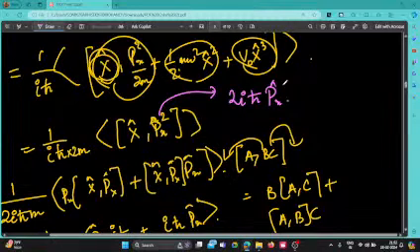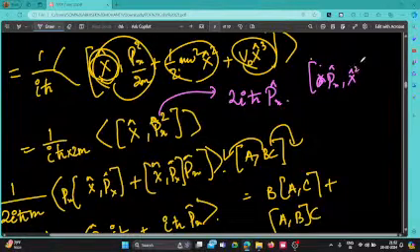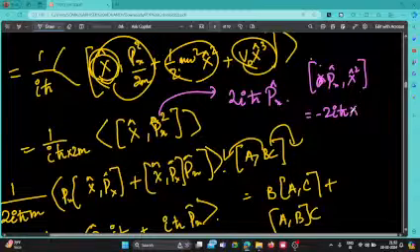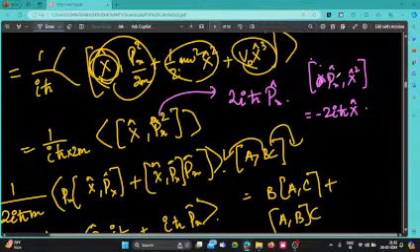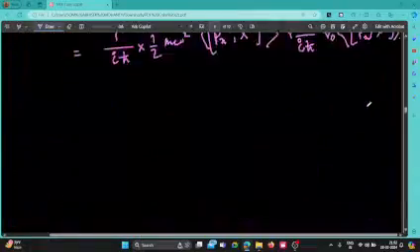So can you guess from here what will be your [Px, x squared], the one we need here? It will be minus 2iħ x if you calculate it. Just see the order change is there, and the one that is squared will be outside. Otherwise I will do it for you.